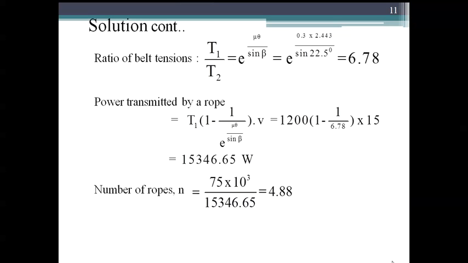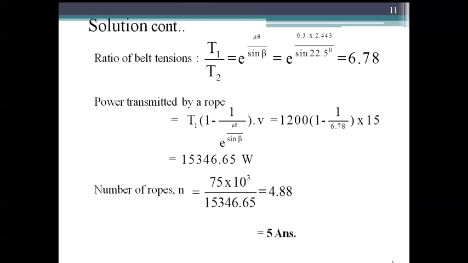Power transmitted by the total drive is 75 into 10 cube, divided by 15,346.65. So it is equal to 4.88, nothing but 5 is the number of ropes required to drive the total power.